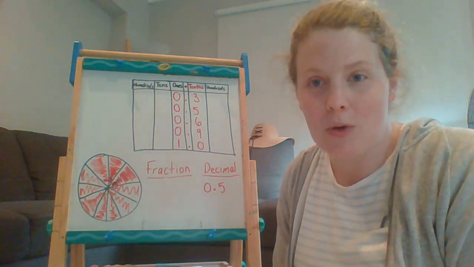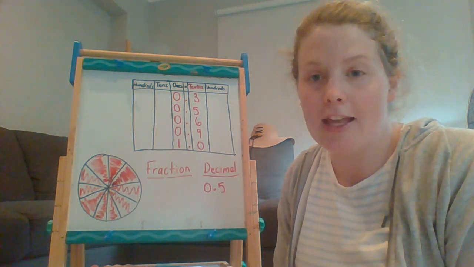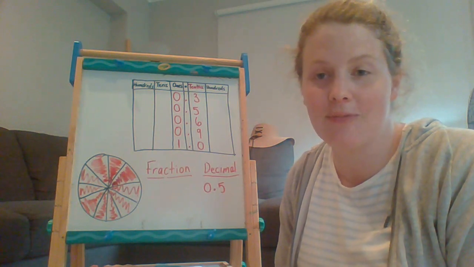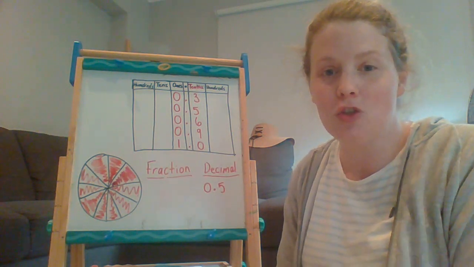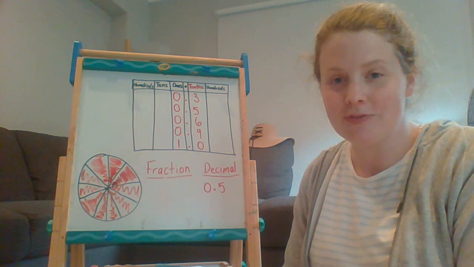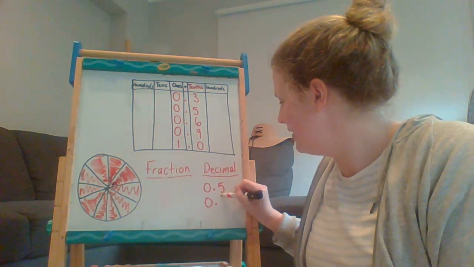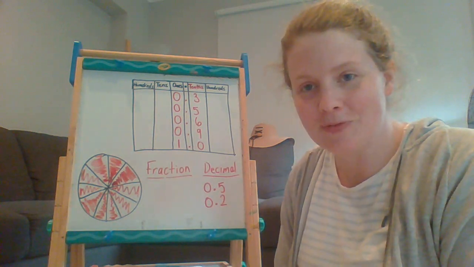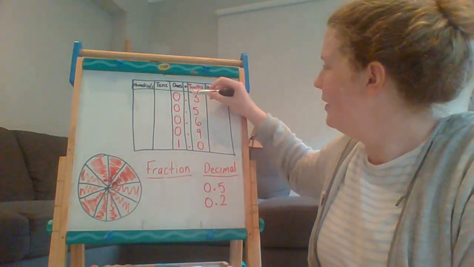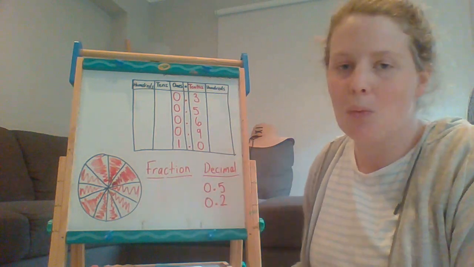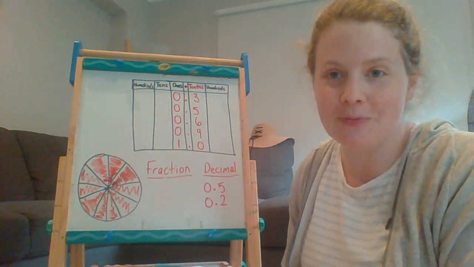Now have a go with this one. 0 and 2/10. It would be 0, point, 2. Okay, because remember, when there's the decimal point there, we say and.